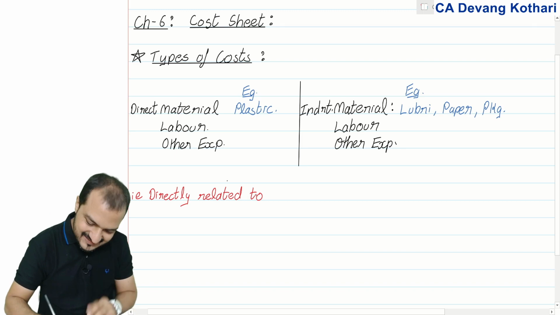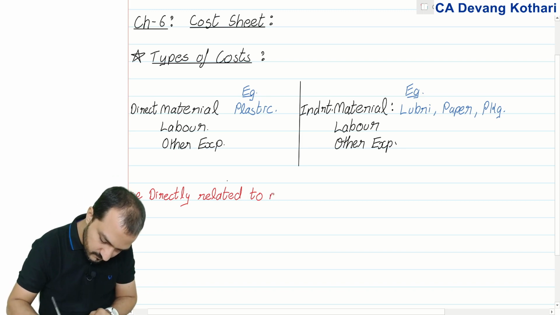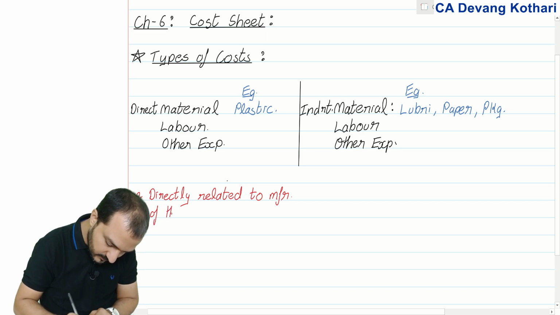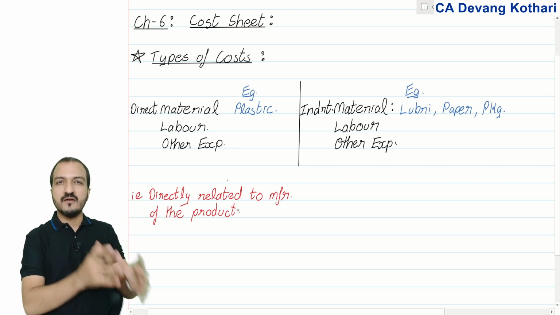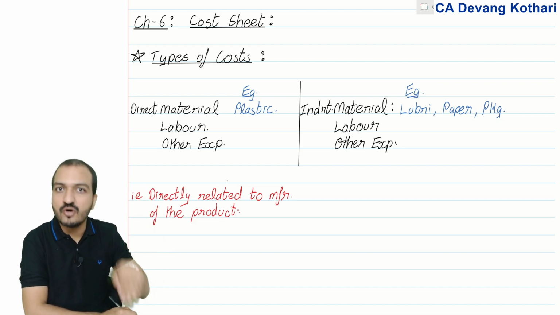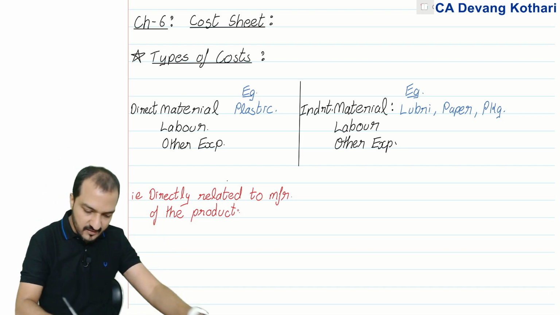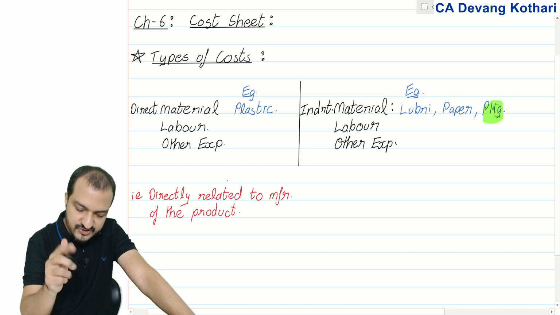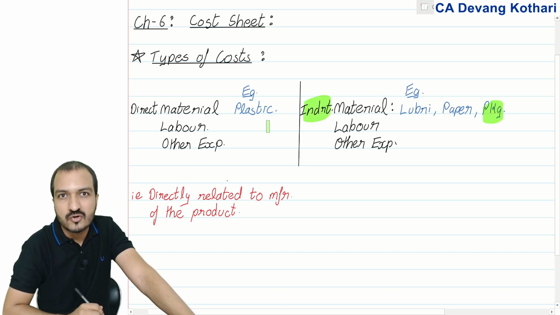No, it means directly related to the manufacturing of the product. It is not just directly related to the product, it should be directly related to the manufacturing of the product. Packing is not required for manufacturing, it is incurred after manufacturing, so that also becomes indirect cost.